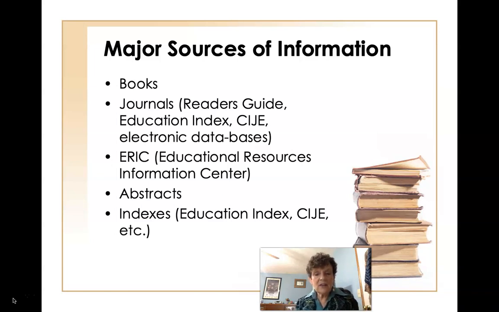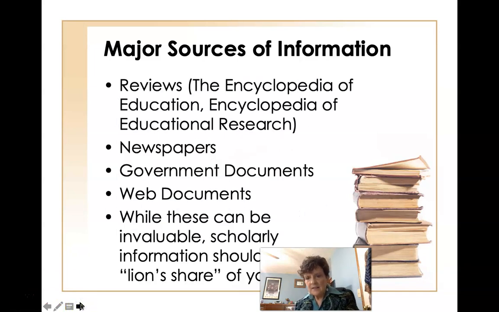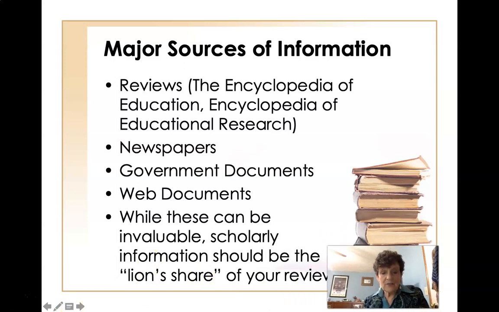You can read abstracts, and you can go to indexes and see what they list. There are also things called reviews, like the Encyclopedia of Education or the Encyclopedia of Educational Research, that have already reviewed articles and give a short summation of what these articles contain so that you can read through that before you go to the article itself.